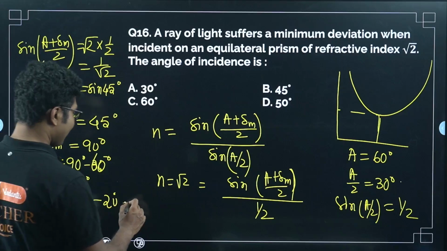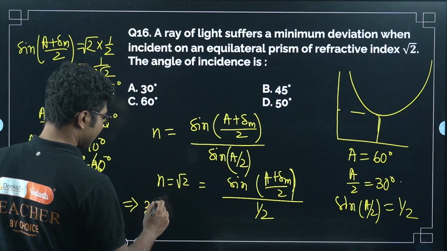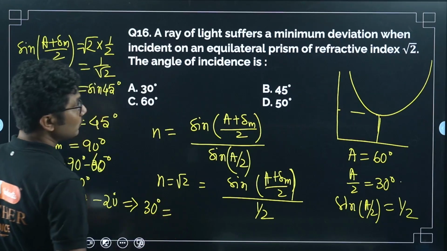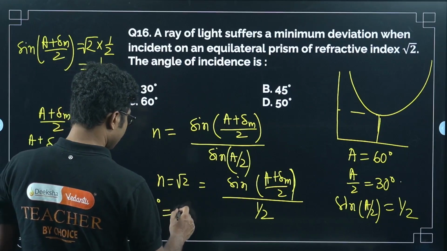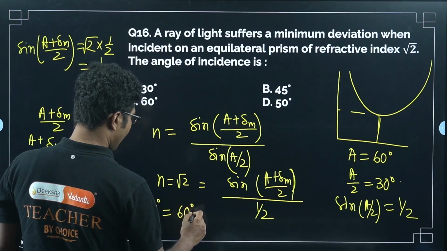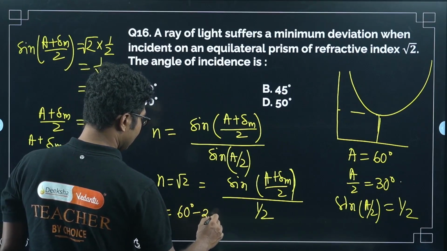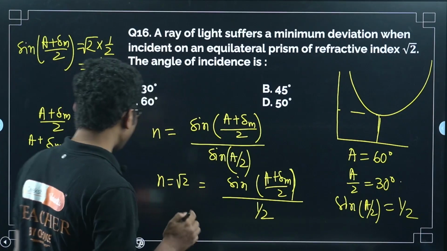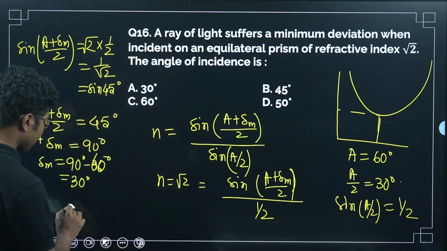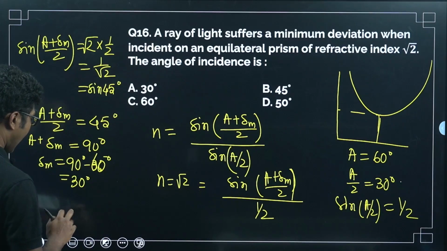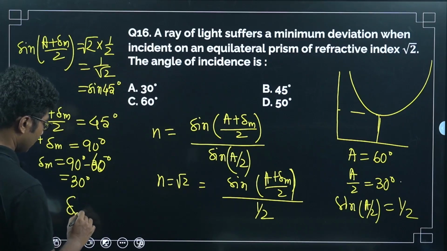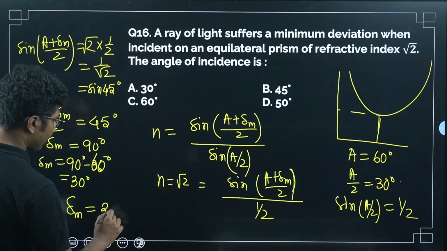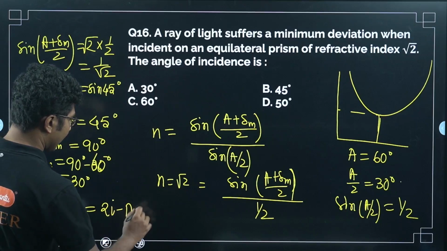So, delta m is 30 degrees equals 2i minus 60. The minimum angle of deviation in terms of incident angle and angle of prism is given by 2i minus A, right?